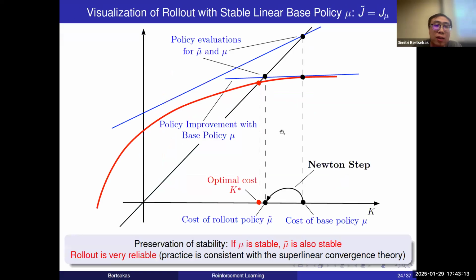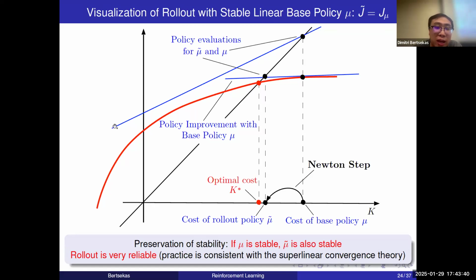Okay, that brings us to this visualization, the visualization of rollout with a stable linear base policy. Recall that in rollout, we use the cost function of the base policy as J tilde. And then based on this, we do one step look ahead.